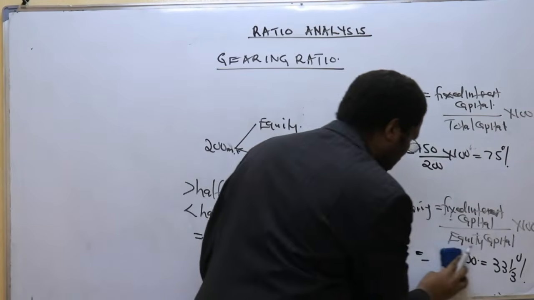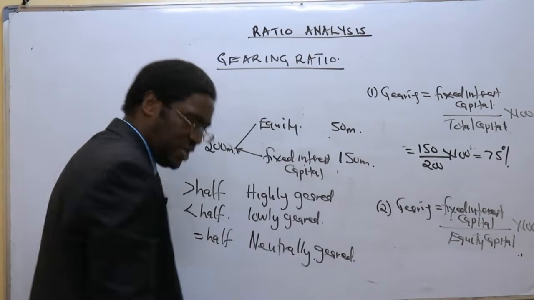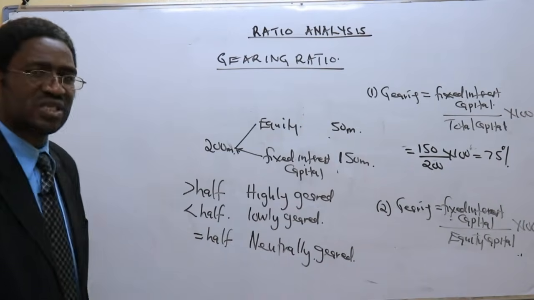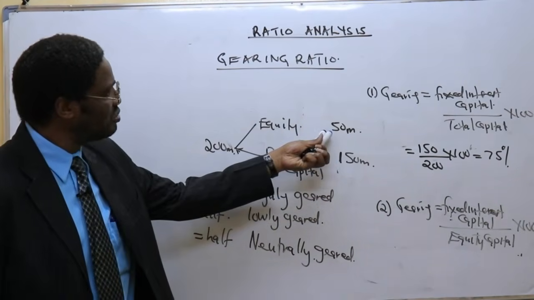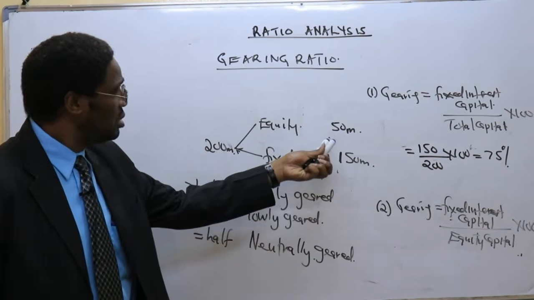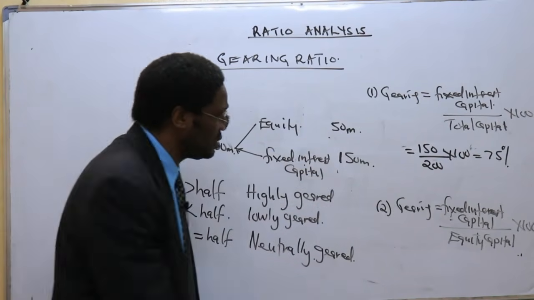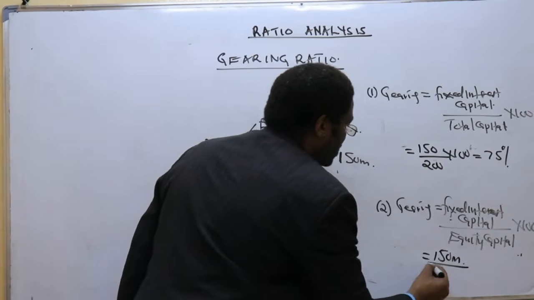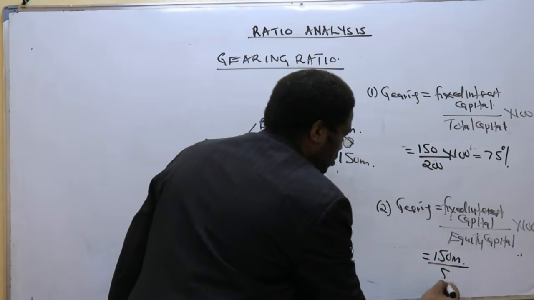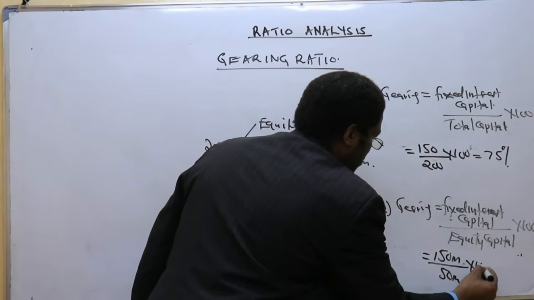Using the second formula for the same combination, that now I'm taking the equity still 50, fixed interest is 150, so I take the 150 million, I divide that by 50 million, I multiply that by 100.